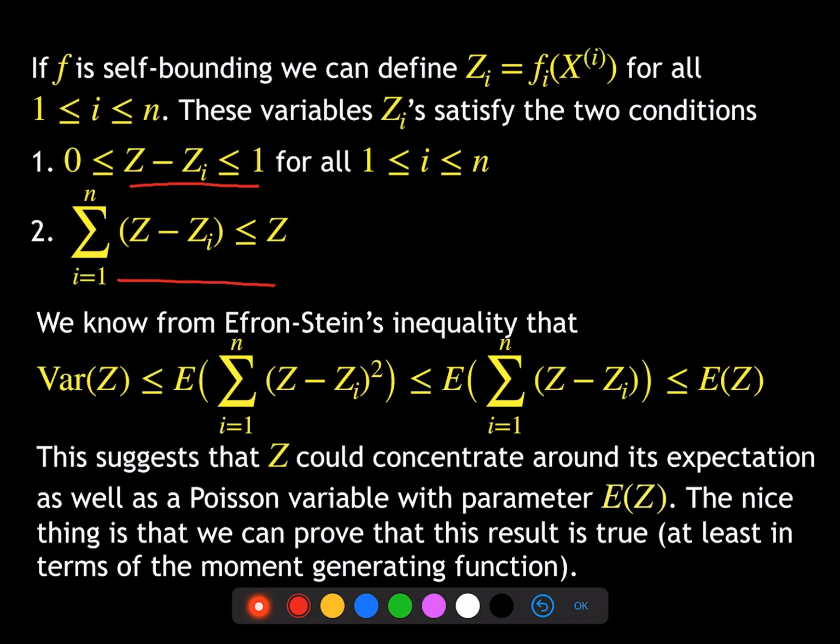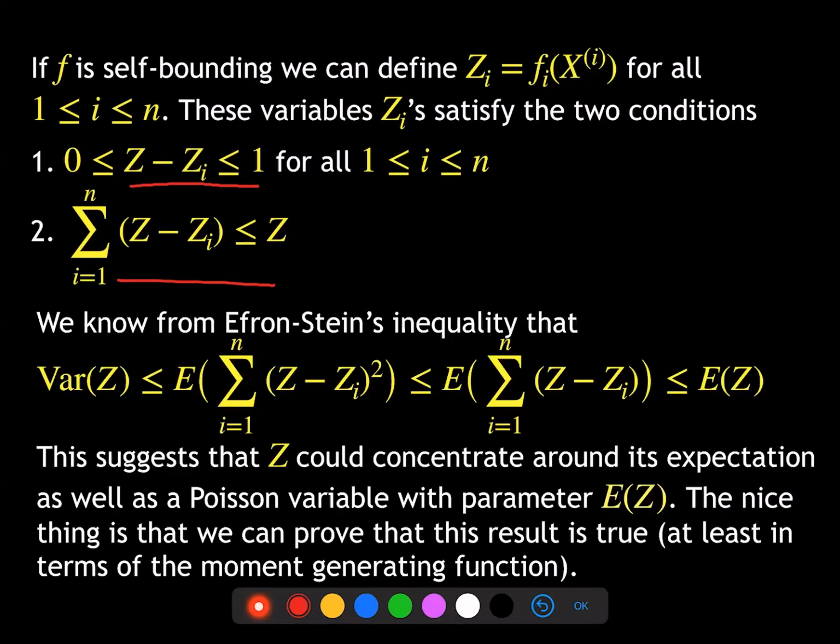So what this result suggests is that a variable which fulfills the self-bounding condition should concentrate around its expectation as well as a Poisson variable with parameter the expectation of Z. And what is nice is that now we have all the ingredients to prove this result.